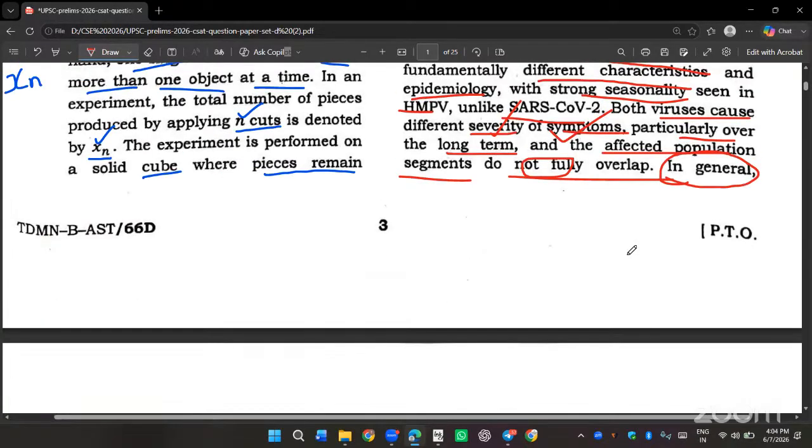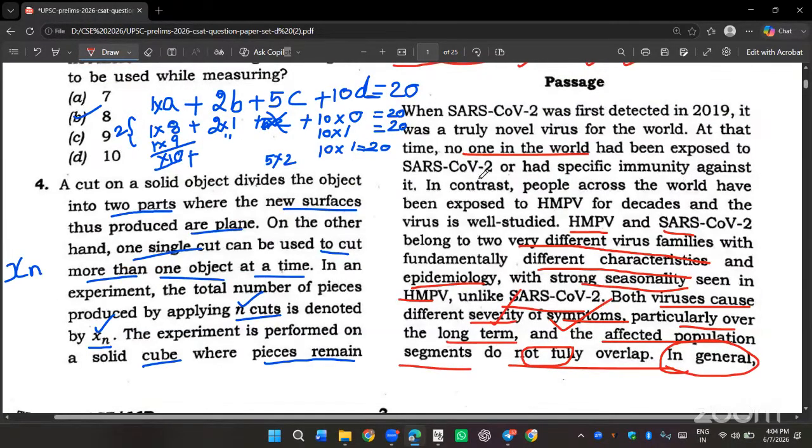Okay. Here they have given that we have already been exposed to this virus for decades. Well studied. So also no one in the world has been exposed to this, and no specific immunity against it in human society.